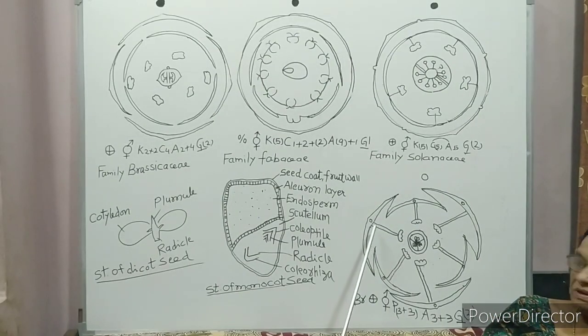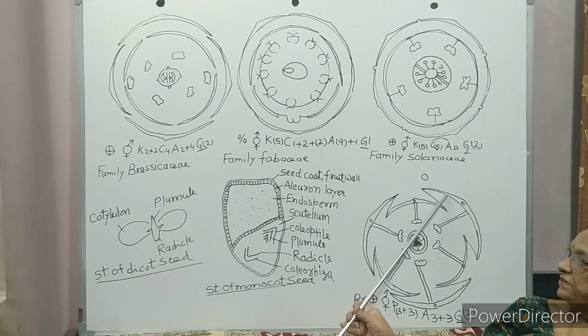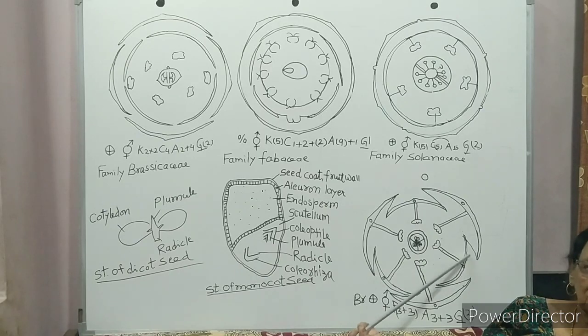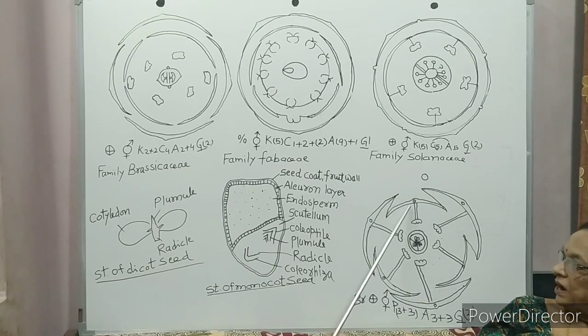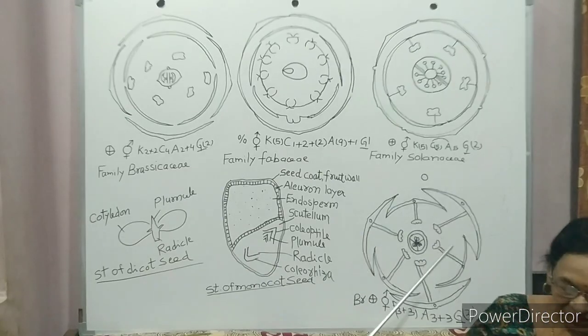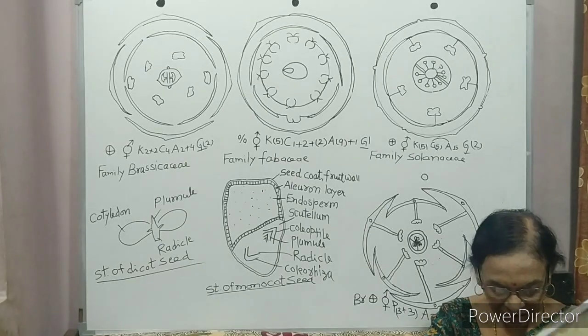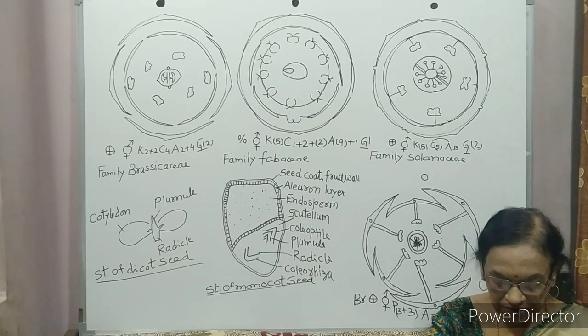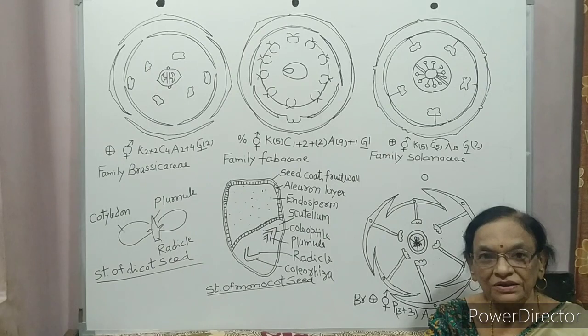Tepal means sepal and petal differentiation is not there. 3 sepal-like structures towards the outside, 3 petal-like structures towards the inside. So 3+3, often united into a tube.